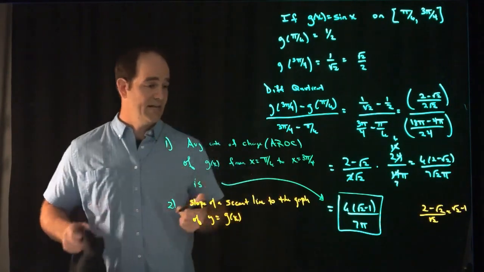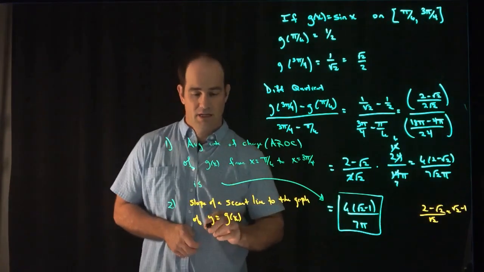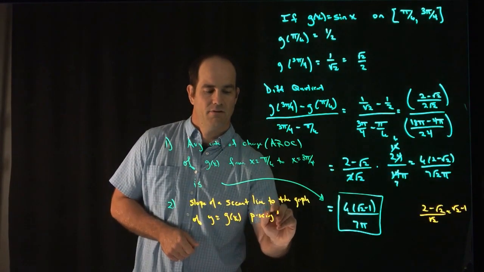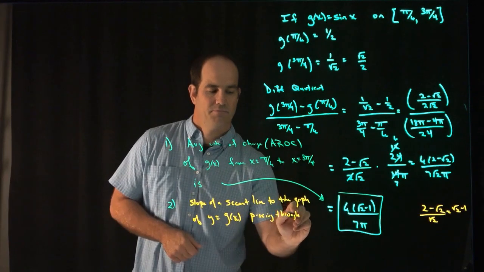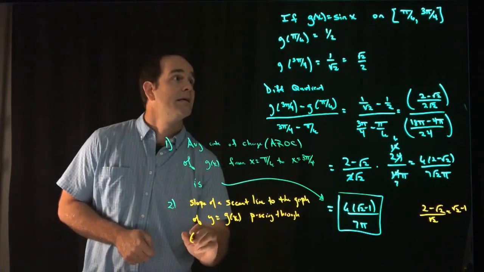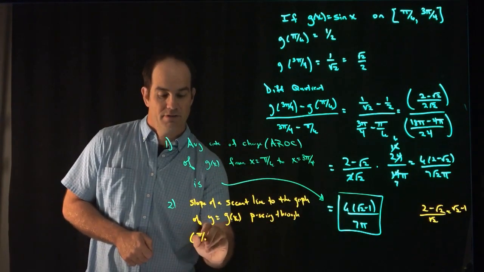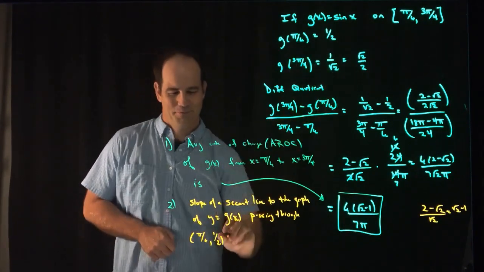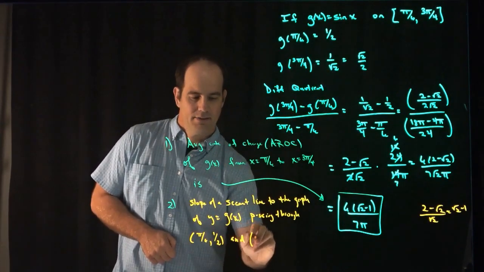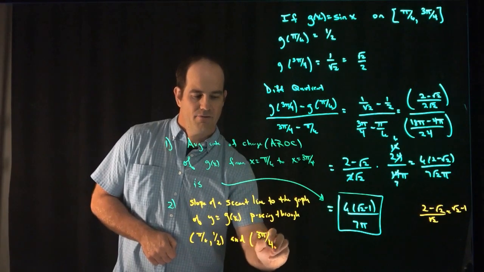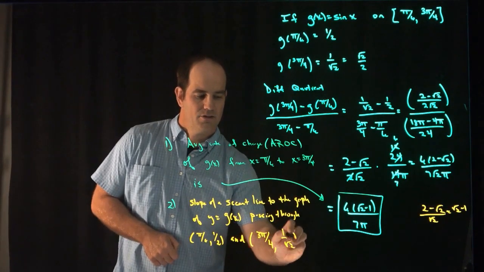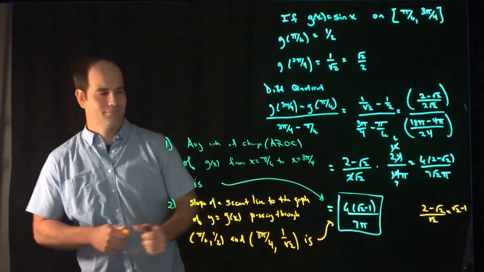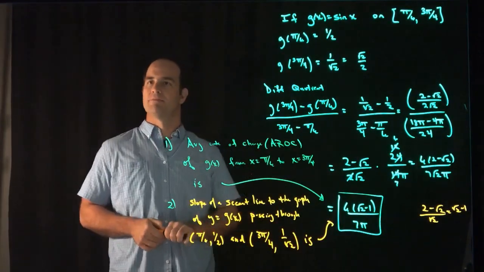So the slope of the secant line to the graph of y equaling g of x passing through. I'm going to give you a couple points. Let's see here, we've got pi over 6 comma 1/2. I'm going back to this information we had up here. And 3 pi over 4, 1 over radical 2. That is also what this quotient represents.